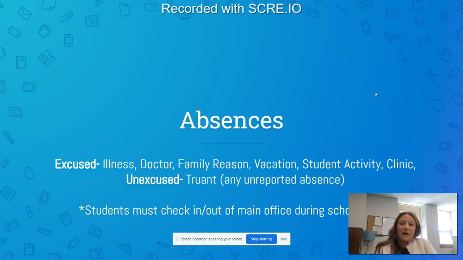Additionally, if somebody's coming to pick you up for an appointment, or you needed to leave early and that was previously communicated, you must leave through the main office. We do have a sign in and sign out. Anytime you are arriving or departing the building outside of the normal time, before first period or after seventh period, you need to check in at the main office so we can sign you in or out.